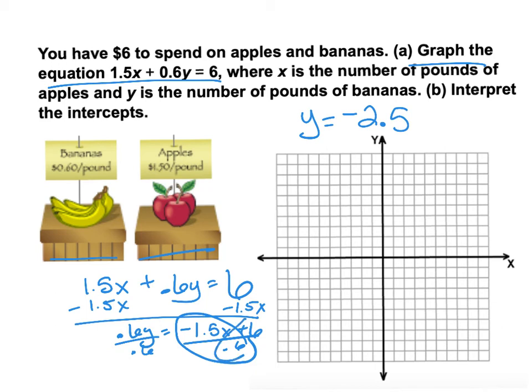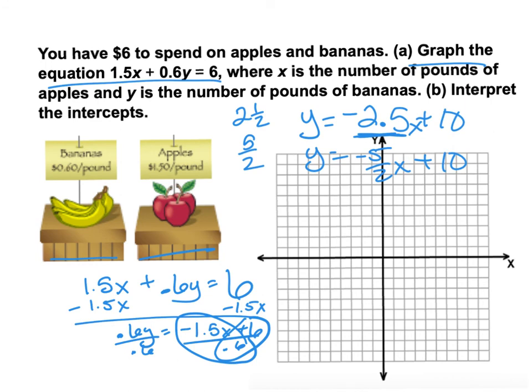And then 6 divided by 6/10 gives me 10, and it's a positive 10. I forgot my x. There we go. So let's change this into a fraction. 2.5, so it would be 2 1/2, which is 5/2. So y equals negative 5/2 x plus 10.